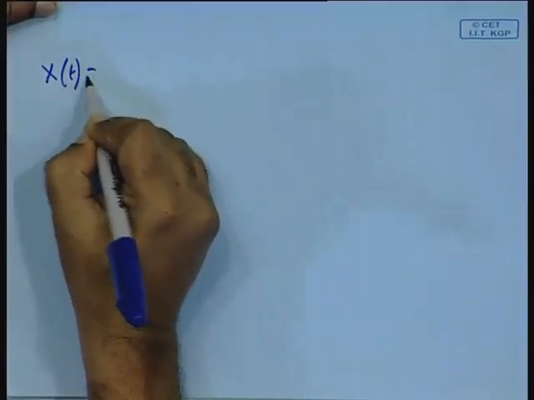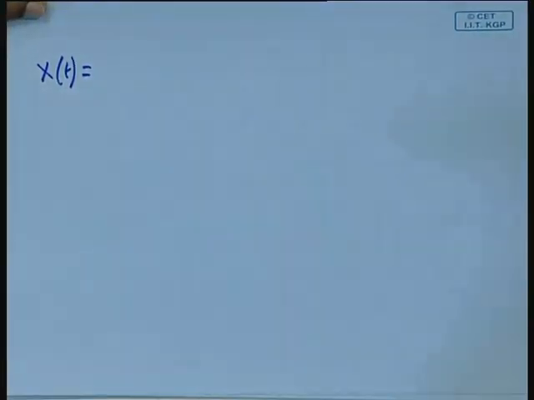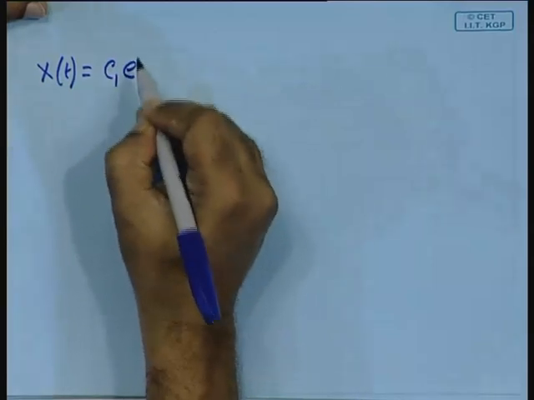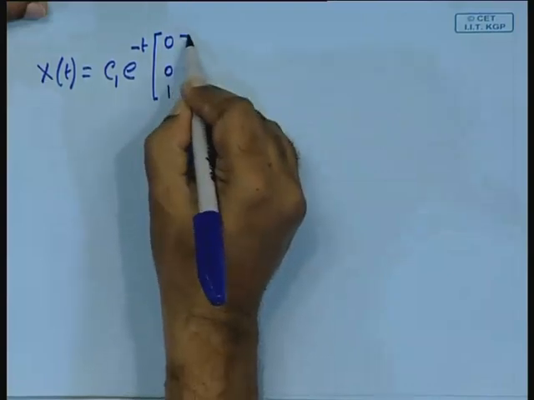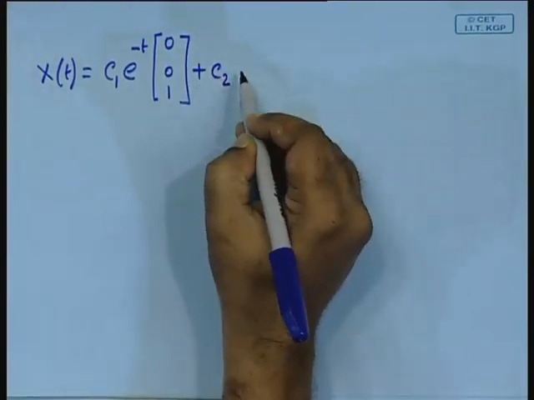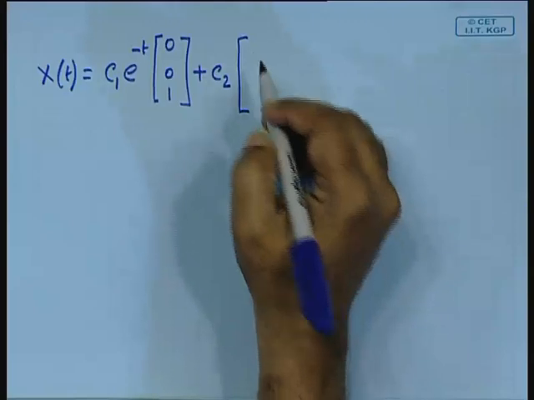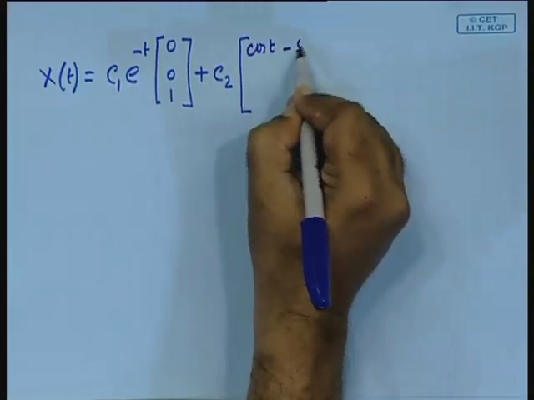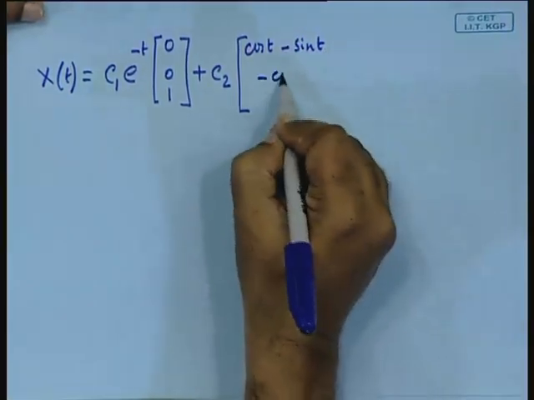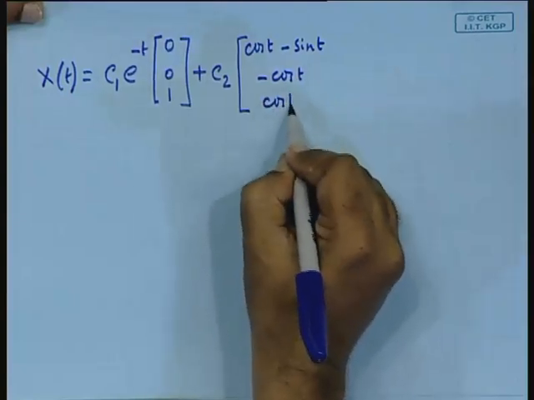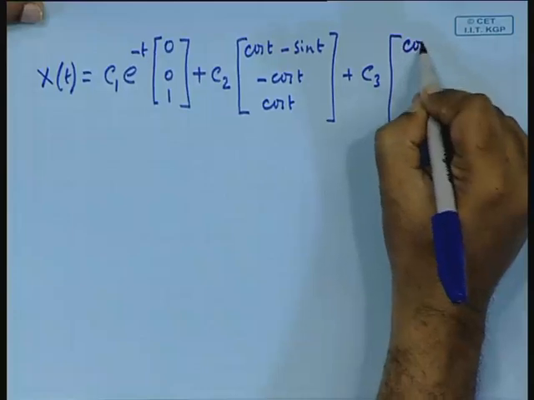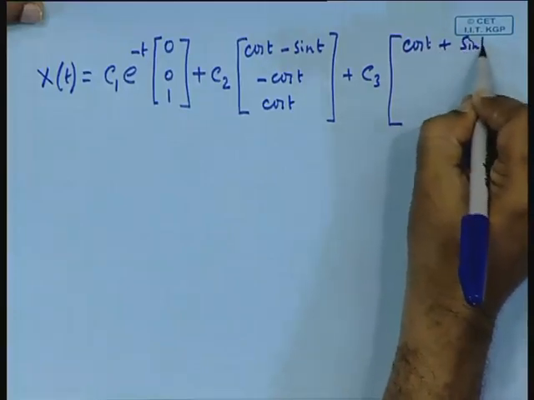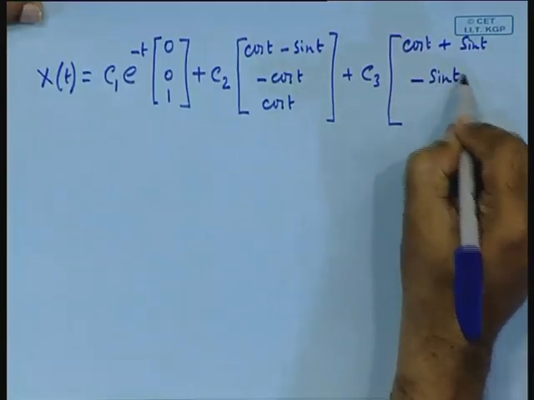So, your final solution x(t) is equal to c1 e to the power minus t times 0 0 1, plus c2 times cos t minus sin t, minus cos t, cos t, plus c3 times cos t plus sin t, minus sin t, sin t.